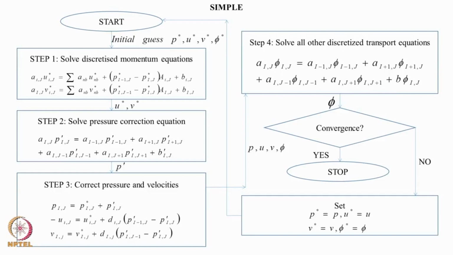If not, whatever velocity and pressure are obtained in this step are now used as guess pressure and guess velocity for the next iteration, and that is what is shown in this. Set p star as p, u star as u, v star as v, and phi star as phi. So, these values are the just-obtained iterated solution, and if it is not satisfying continuity, they are reset as guessed values and the procedure repeats, and you can see here, go back and repeat the procedure.